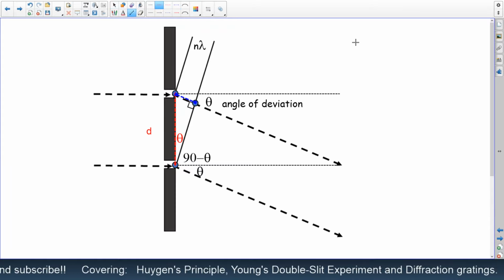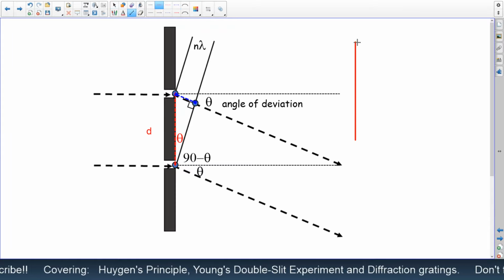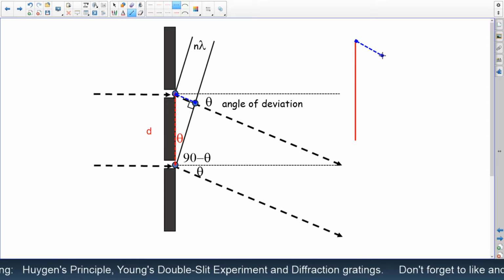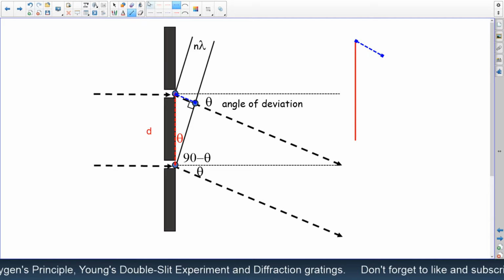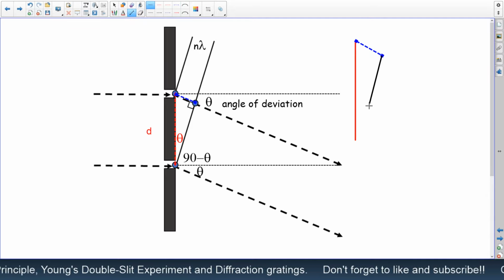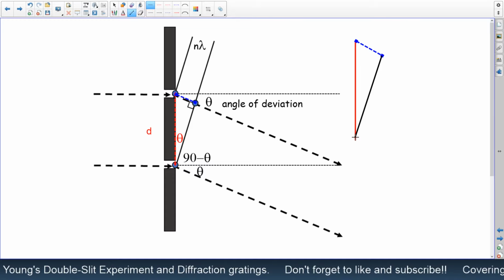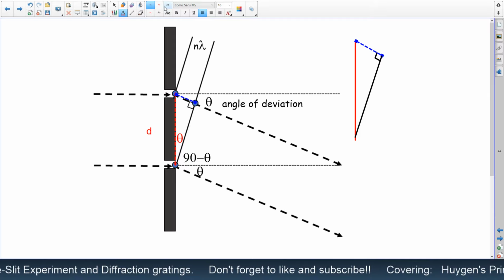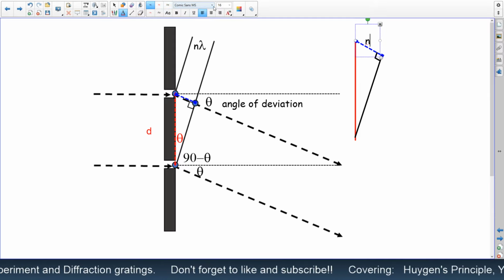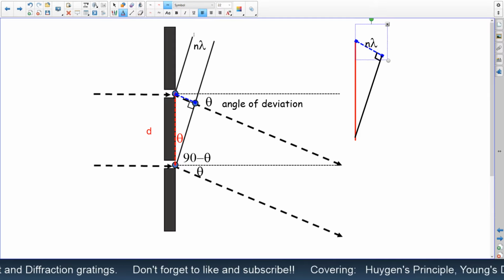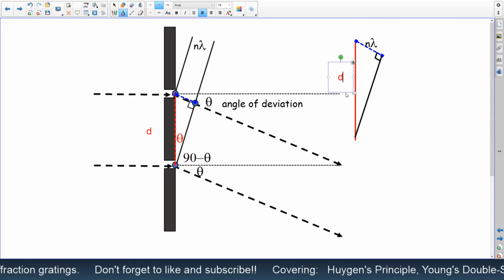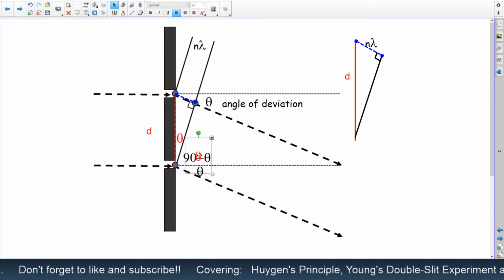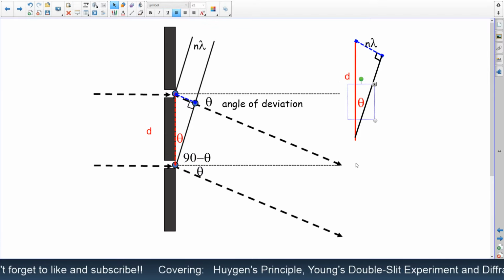So let's draw that over to the side, because that can sometimes get a little bit confusing. I've got a line there that's of length d, a line here that's of length n lambda, and a line here that connects them up that we have absolutely no idea what it is. That's a right angle, believe it or not. And we have that this is n lambda, this is d, and super importantly, the angle between these is theta.